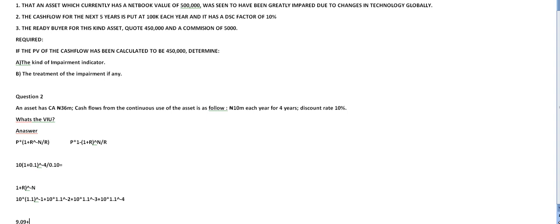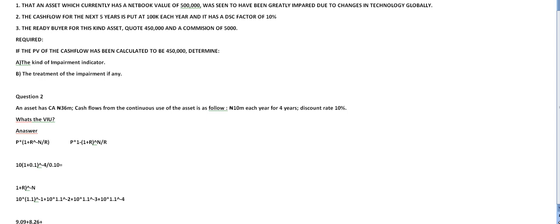1.1 raised to power minus 2 is what? 0.8264, multiplied by 10 is what? 8.26.